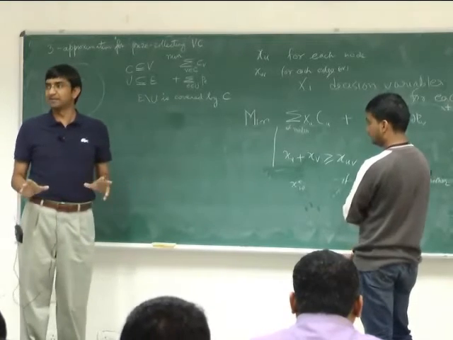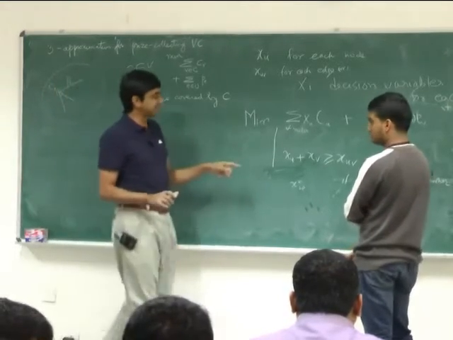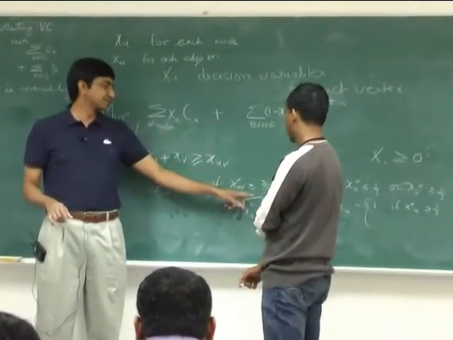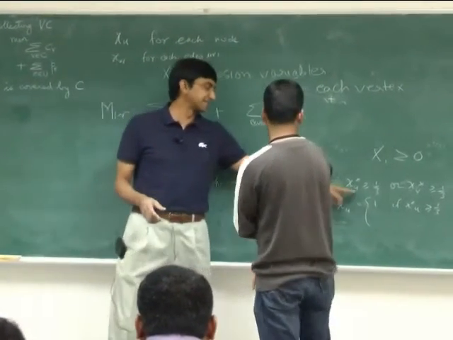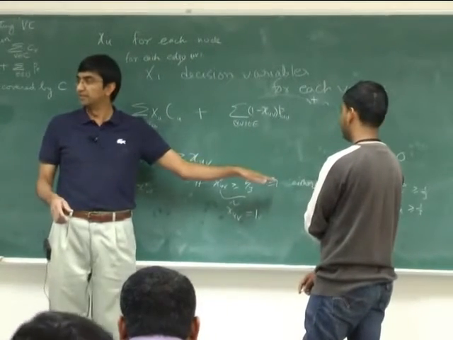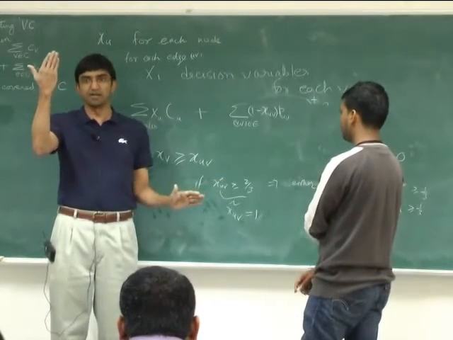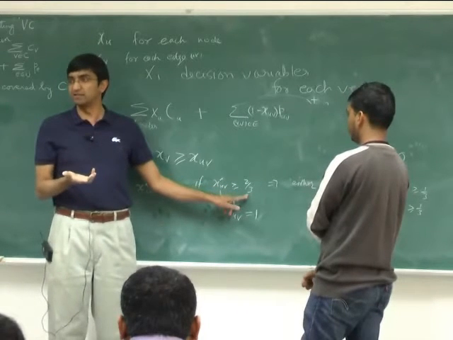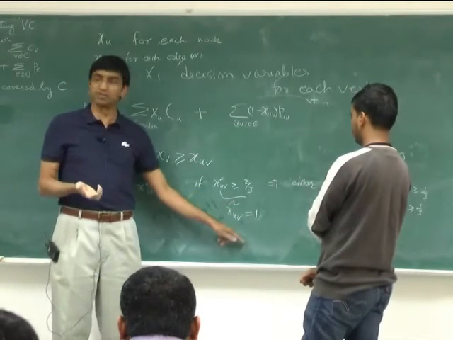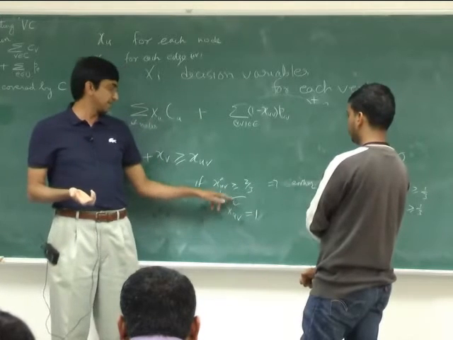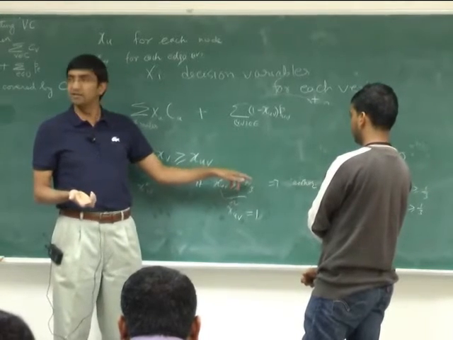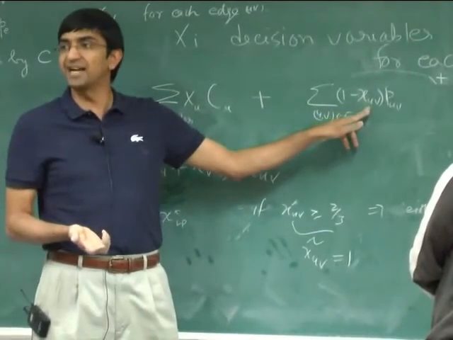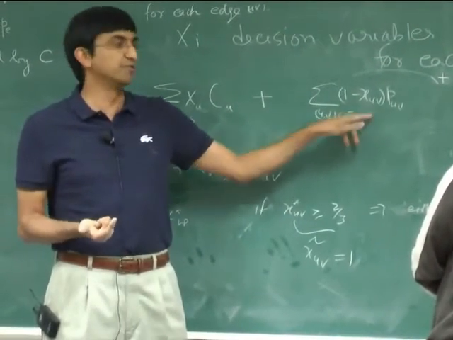So is everybody here? So if XUV star is at least 2/3, you know by implication that one of the two endpoints has at least 1/3, so you just round it up to 1. If XUV star is less than 2/3, it will be rounded down to 0, but you're already paying at least 1/3 of PUV here.